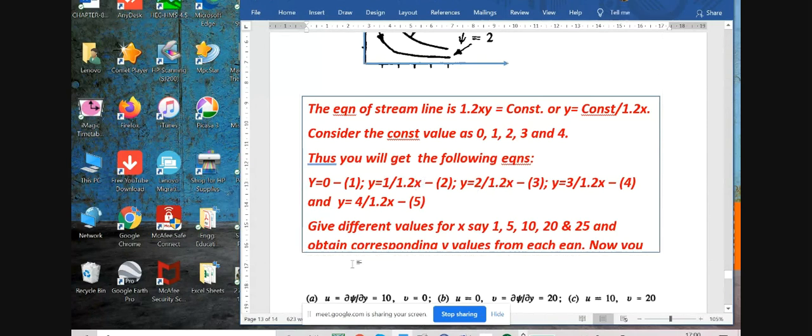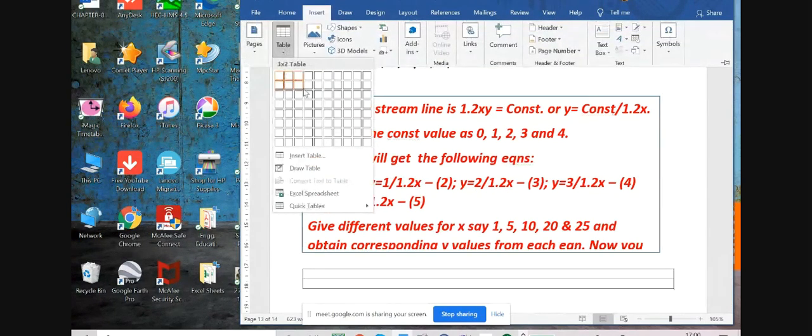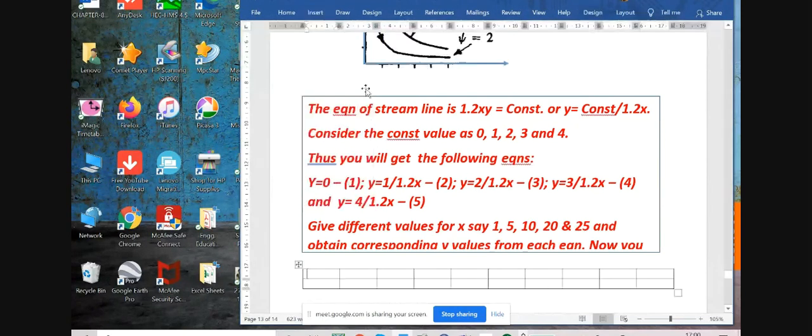So what you do is, x and then corresponding y. So x is equal to 1, 5, 10, 20, 25.